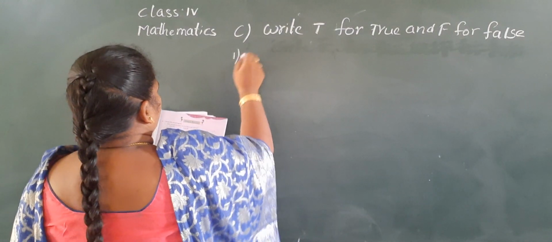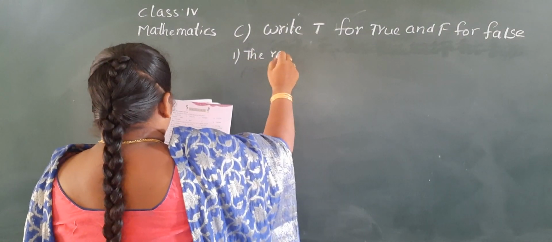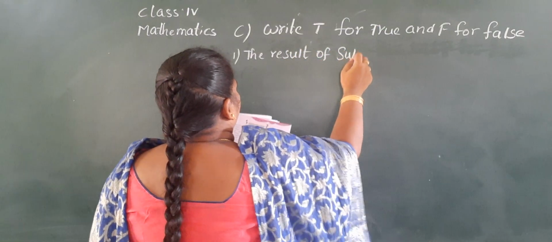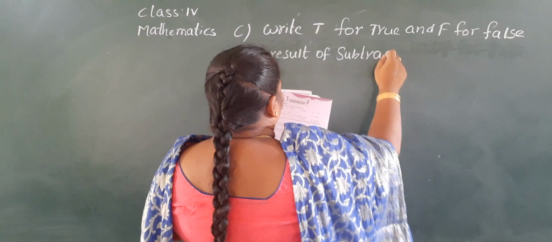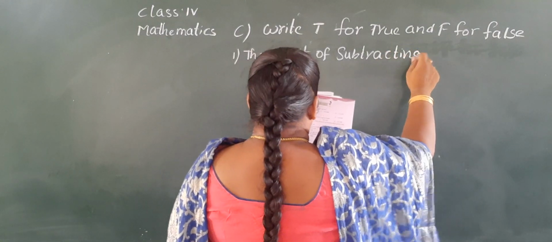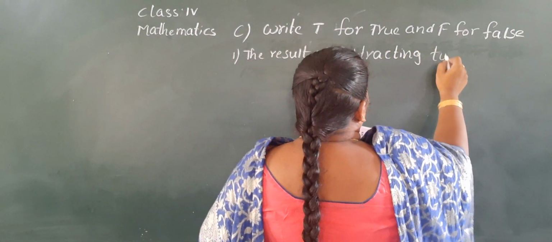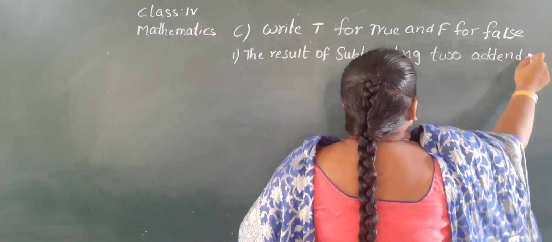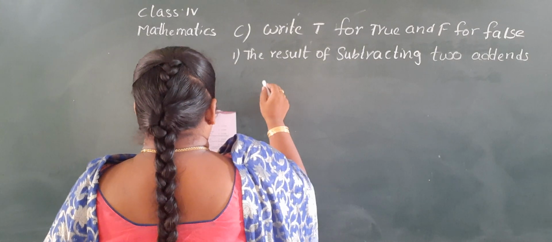First one, the result of subtracting two addends is the sum.